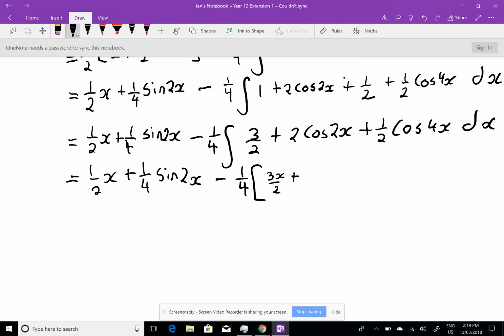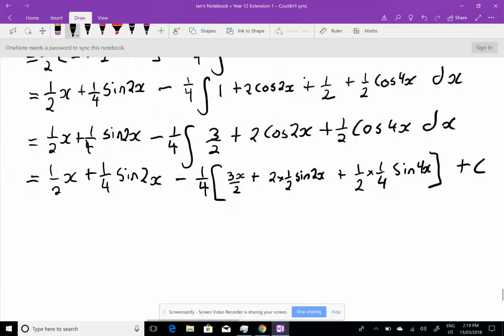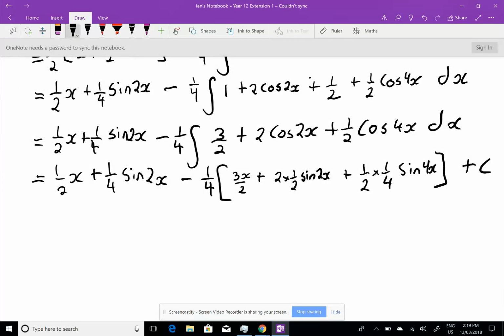I'll divide by that, so I'm going to get 2 times a half sine 2x plus a half. Well, the integral of cos is sine. I've got to divide by that, so I'm going to be timesing by a quarter sine 4x. And now I've done all the integration, I'm going to put this big plus c out the back.